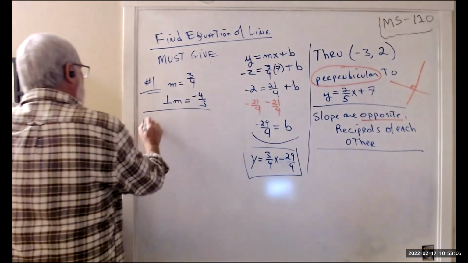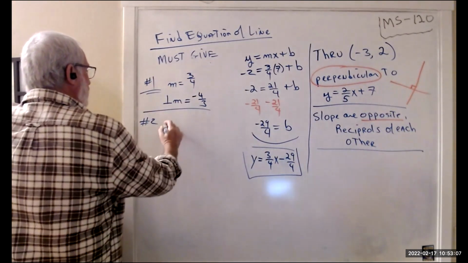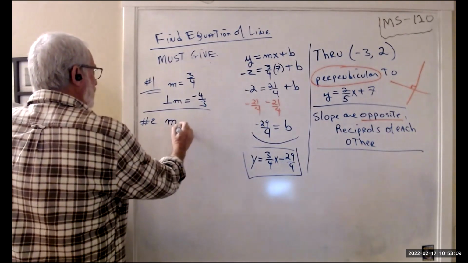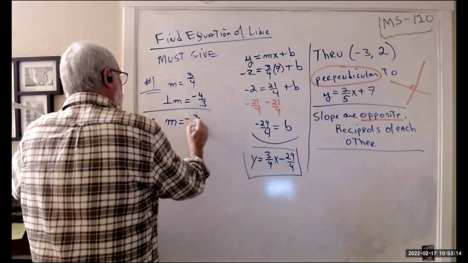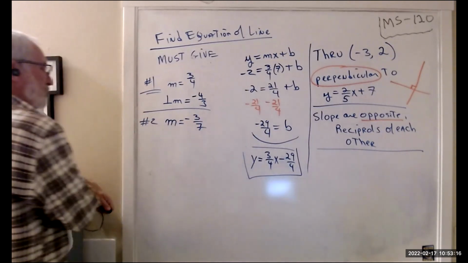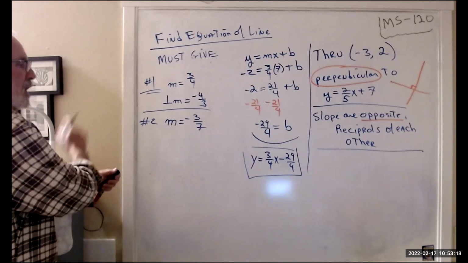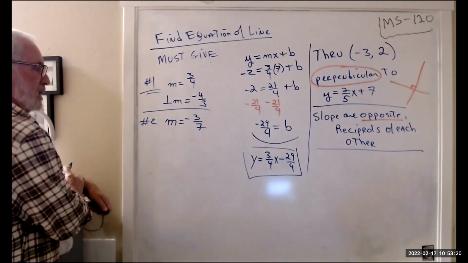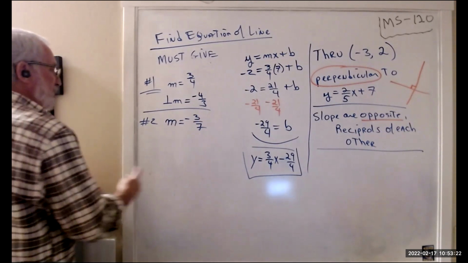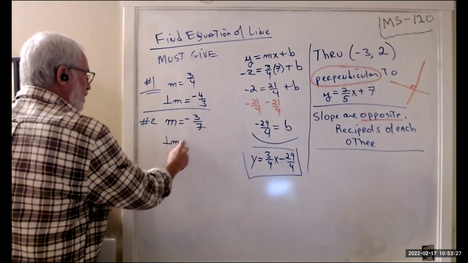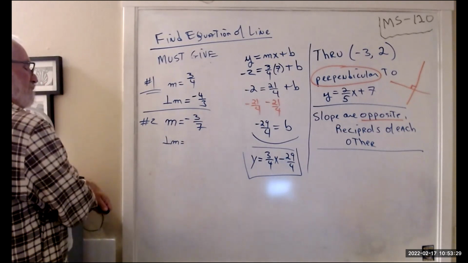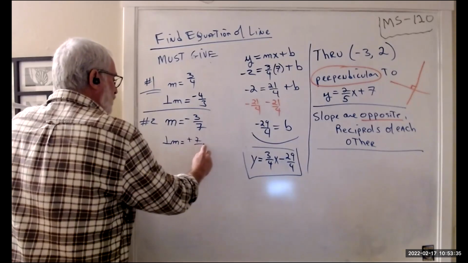Let's take another example. Let's say I have a line with a slope of -3/7. Some line somewhere, I don't know where it is, its slope is -3/7. What would its perpendicular slope be? Anybody? 7/3. Okay, I'm going to stress the positive 7/3.